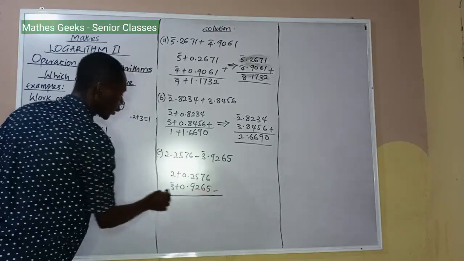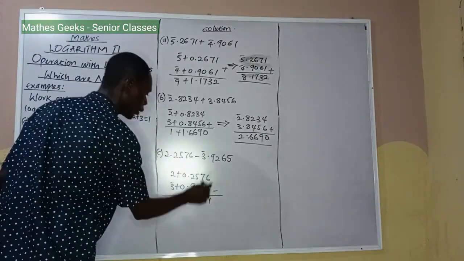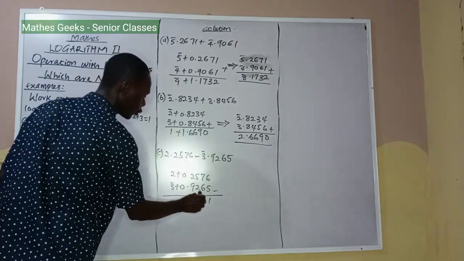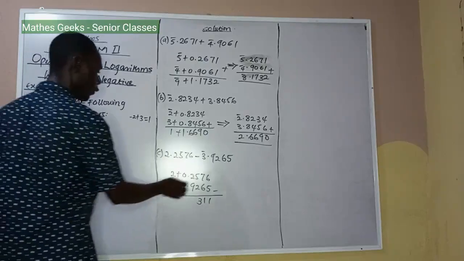Remember, we are carrying out subtraction in this case. So 6 minus 5 is 1, 7 minus 6 is 1, 5 minus 2 is 3, and 2 minus 9. It's not possible. It's not possible for you to remove 9 from 2.